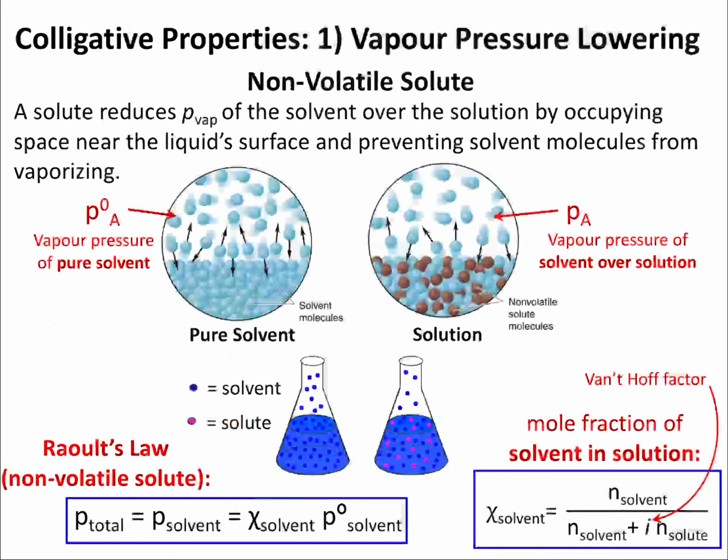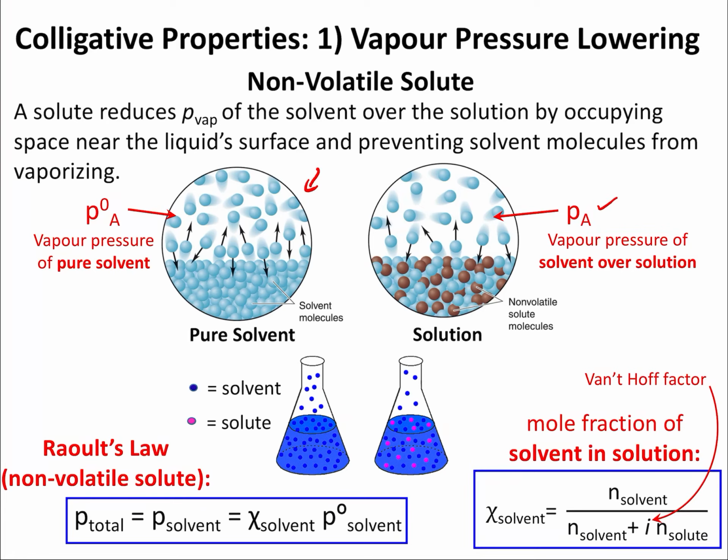So we got a busy slide here. We have a picture right here of a pure solvent in equilibrium with its vapor. And so the P0, the 0 would be the vapor pressure of the pure solvent. When you have a solution made from that solvent, we would just say that's the vapor pressure under, I guess, non-ideal conditions or conditions where we have some other thing dissolved in there.